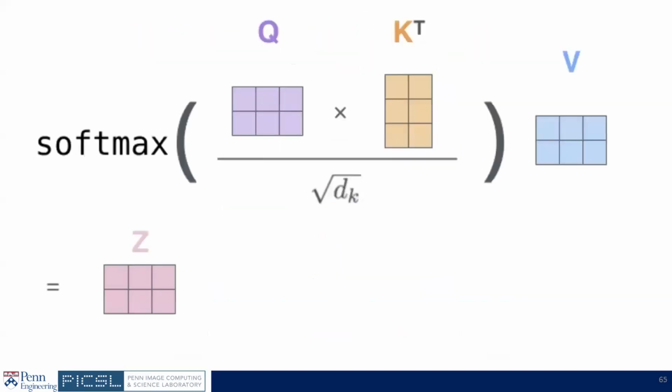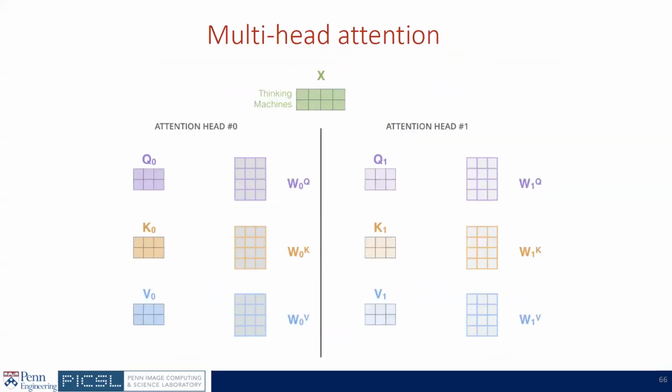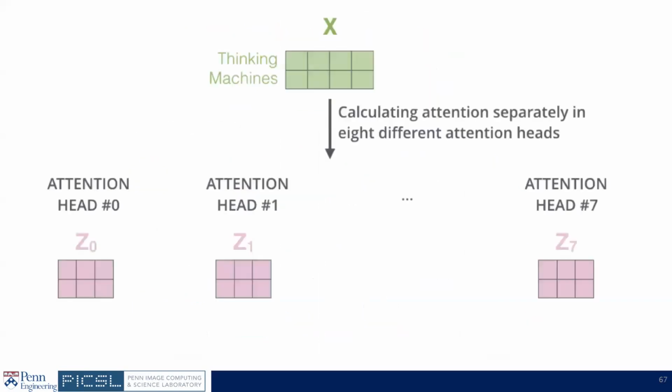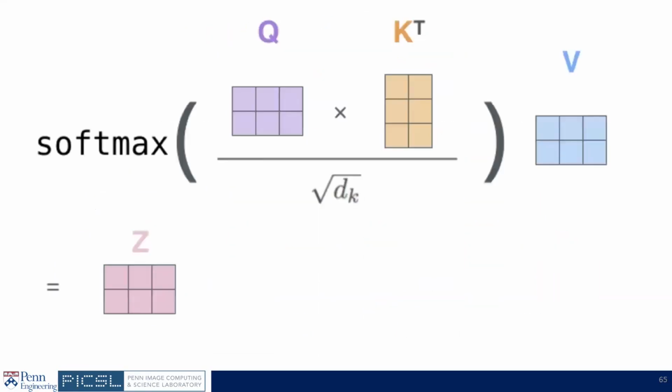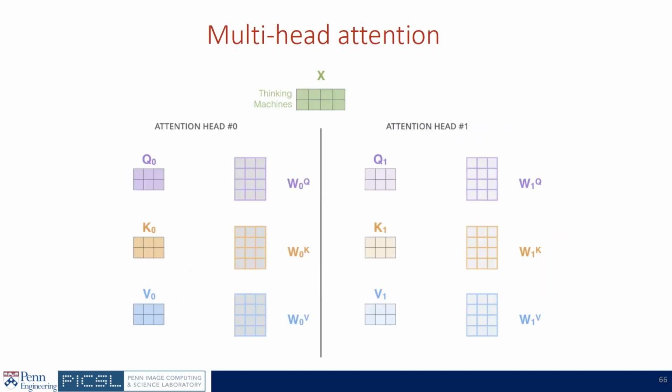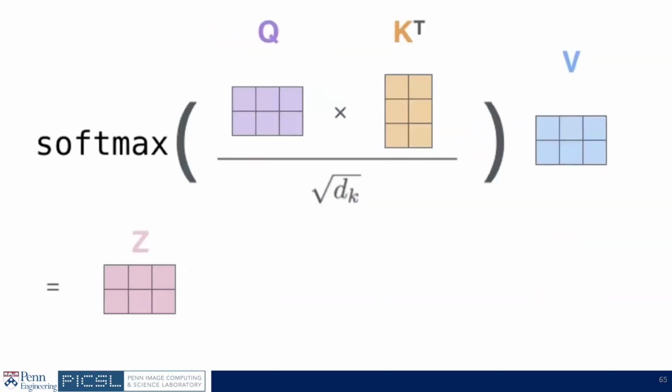So till now we saw this concept of single attention, where at one particular time you were getting this particular matrix Z for a set of inputs. Now, multi-head attention is basically repeating this procedure n times.